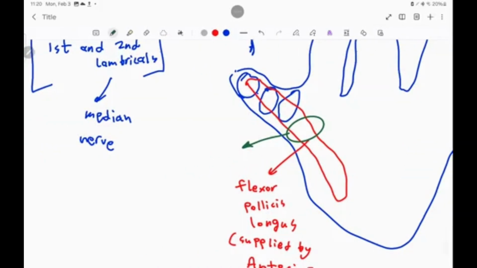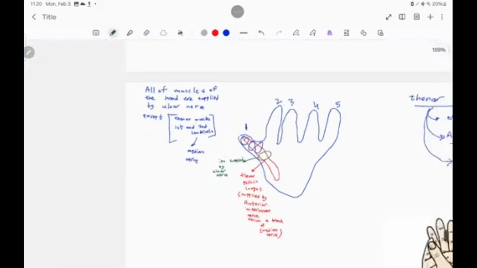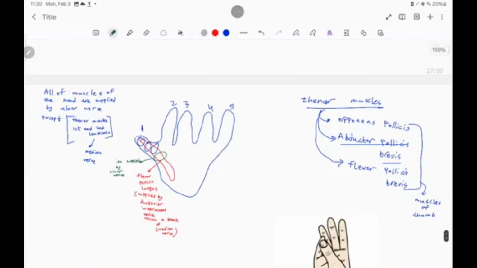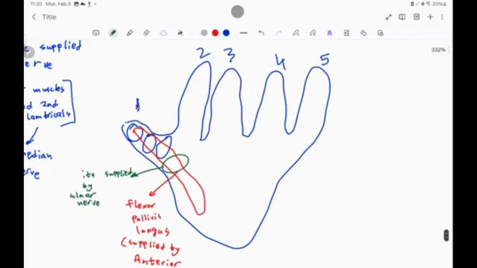It is an intrinsic hand muscle. It does not originate from the forearm. And it's not one of the thenar muscles, so it's supplied by the ulnar nerve. Okay. As we said, all of the thenar muscles were supplied by what? By the median nerve.